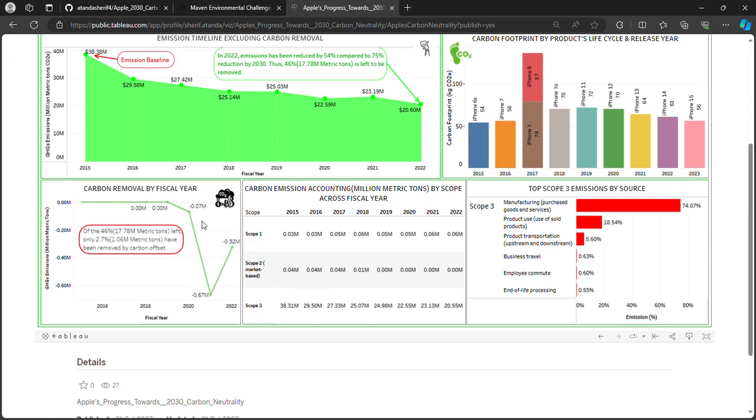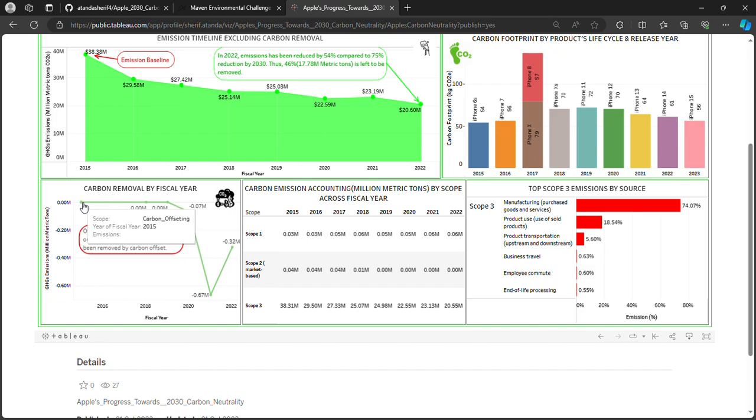So on to the next portion of the slide here. Now, I said earlier that when Apple set 2015 as their baseline, they plan to cut emissions by 75%. Now, the remaining 25% is to be taken away by carbon offset.